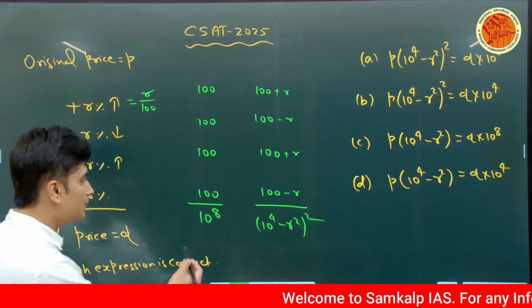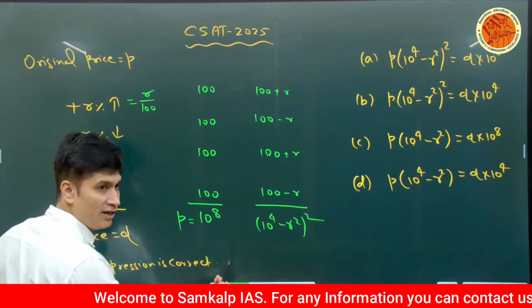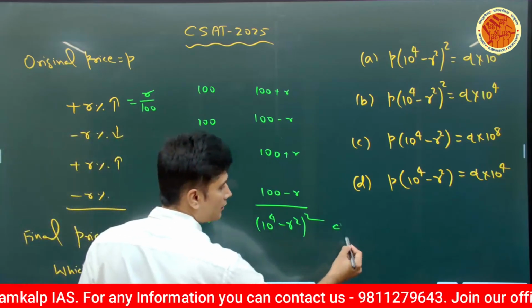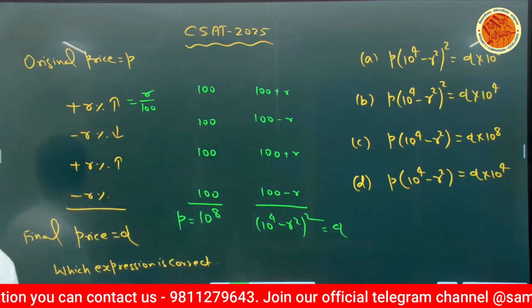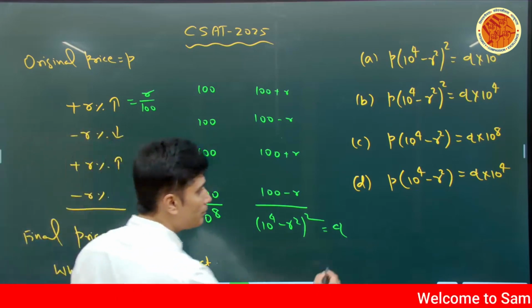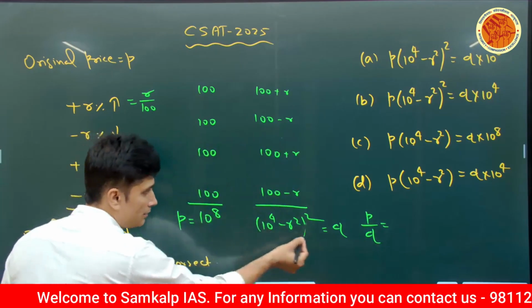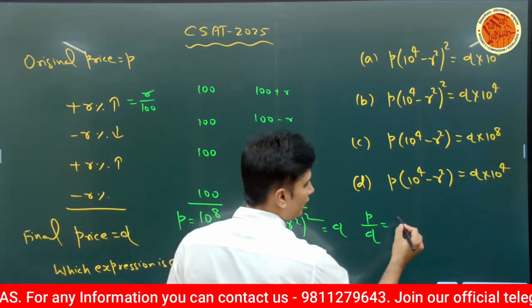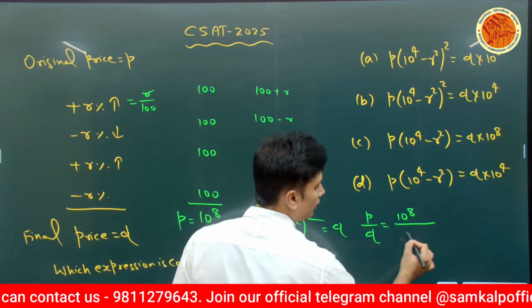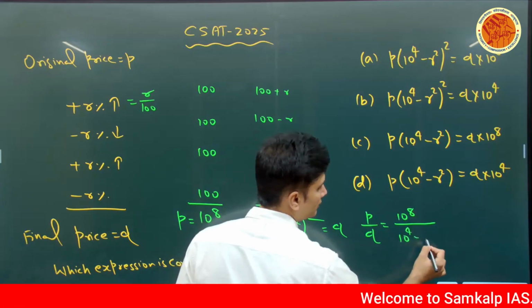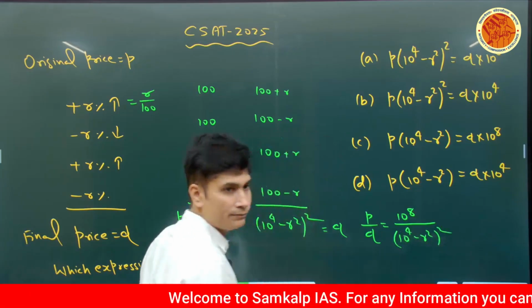And this is representing P, original value price, and this is representing final value price Q. Yes or no? So can I write now P upon Q equal to 10 to the power 8 upon (10 to the power 4 minus R square) whole square?